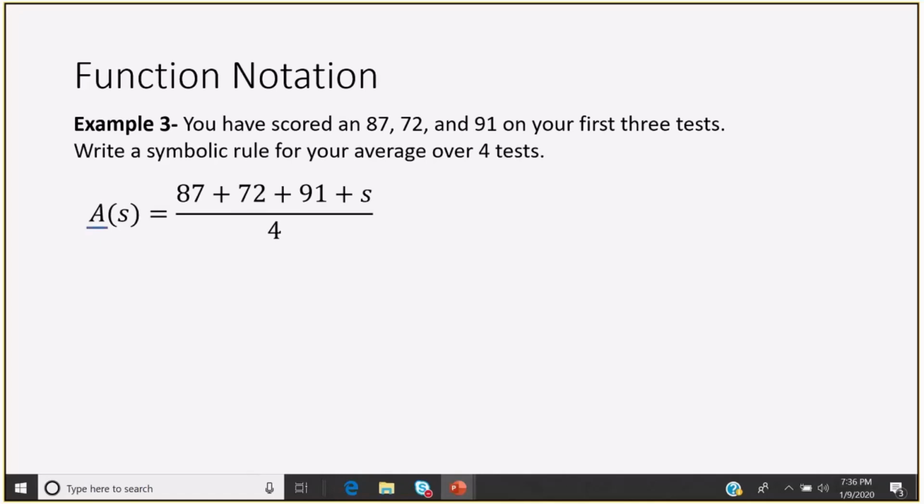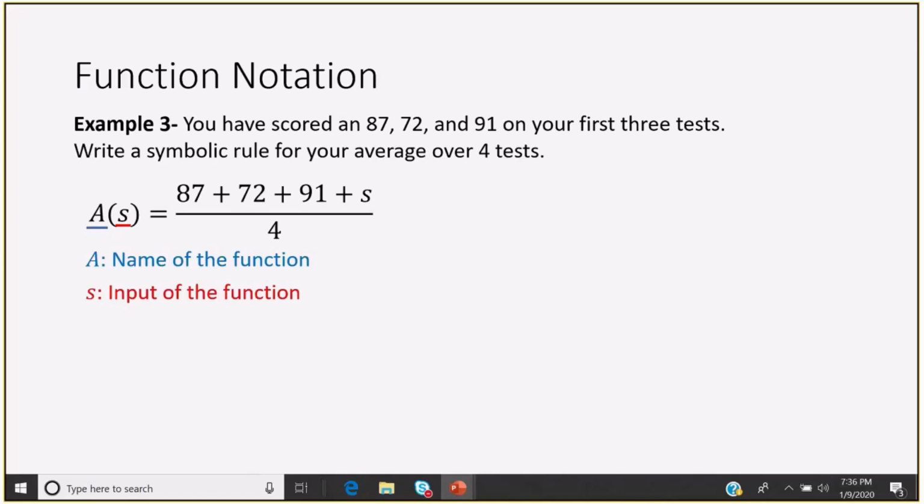But I want to be able to name this function. And so I'm going to name it A for average. And my input, since I have an S in my function, that is going to be my input. So that's what that little guy tells you. The big capital letter on the outside tells you the name of the function. Whatever is inside the parentheses tells you what the input of the function will be.